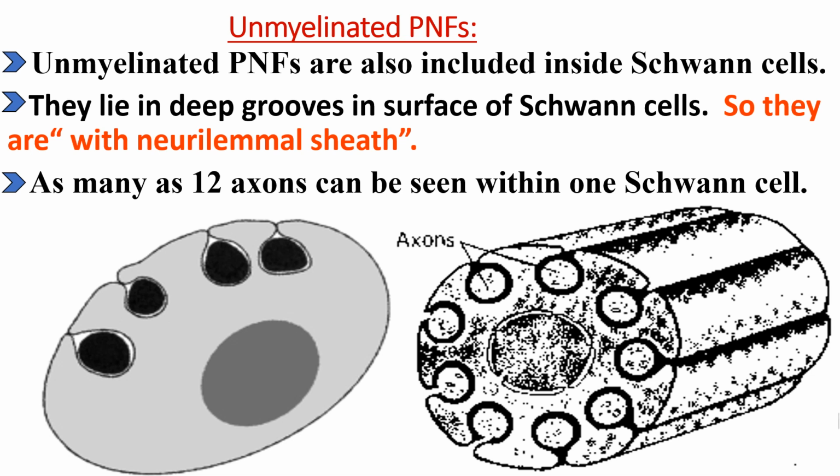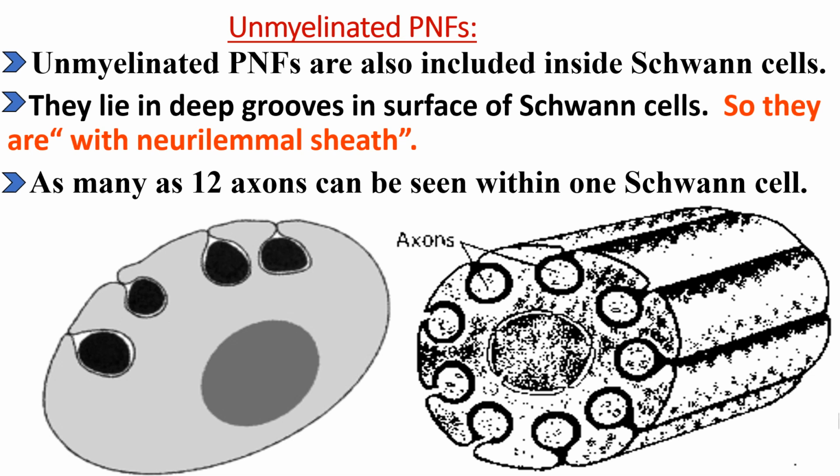So the plasma lemma of the Schwann cell also encircles the unmyelinated nerve fibers. So the unmyelinated nerve fibers have neurilemmal sheath. The image on the right side shows the transverse section of the nerve fibers enclosed inside the Schwann cell, and the black circles represent the neurilemmal sheath.